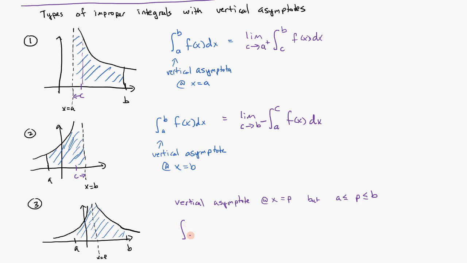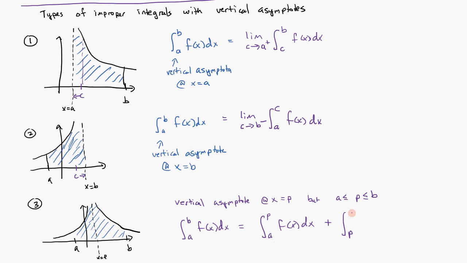So the way we do it is we integrate from a to b, f of x dx. Basically you just split it up into two integrals, to the left and to the right. So you integrate from a to p, f of x dx. This is going to be an improper integral of type 2.